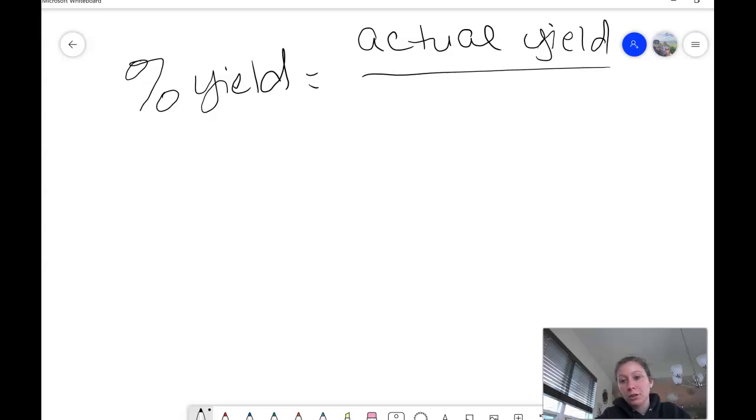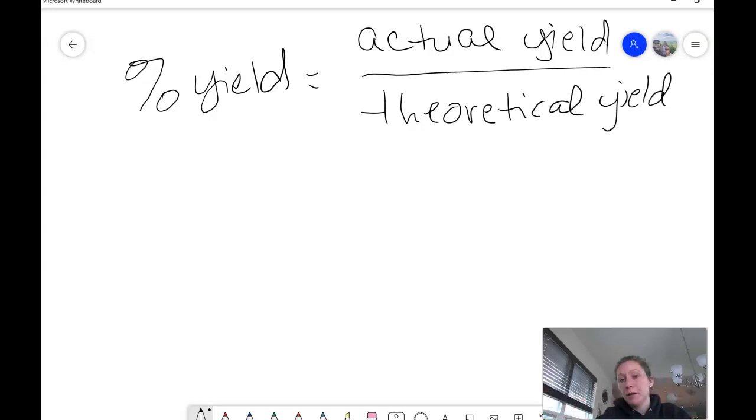It's what you are actually seeing in front of you. What are you actually getting for your values? And then the theoretical is what you're going to calculate. All percents are a comparison between the two, and in order to get it in percent, not in decimal mode, you have to multiply it by 100.